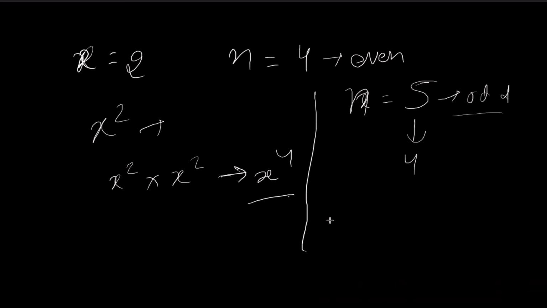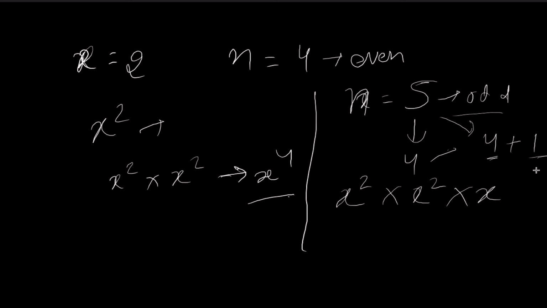Now we are going to do x raised to power 2 into x raised to power 2 into x. So essentially what we are doing is 5 will become 4 plus 1. 4 is an even number, 1 is an odd number. So we will do something like this, and to find the value of this we can again use the same power function.